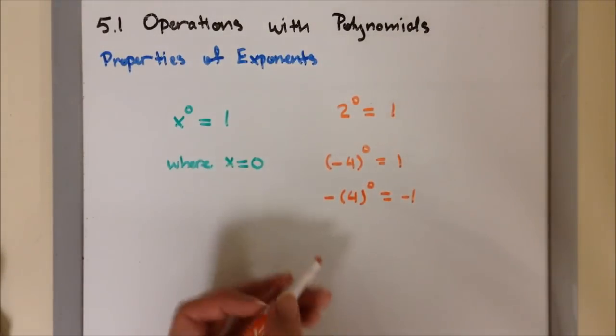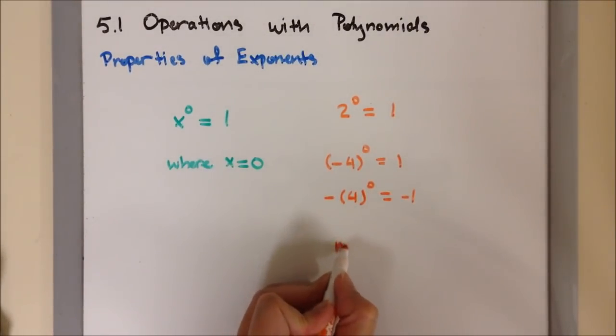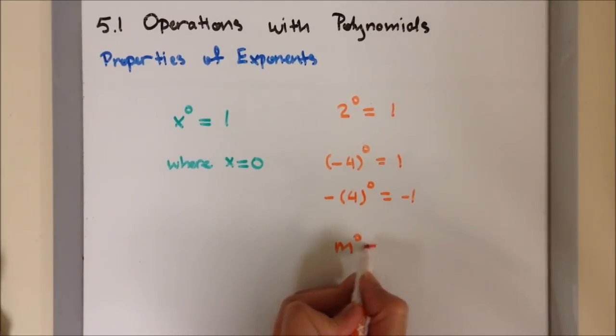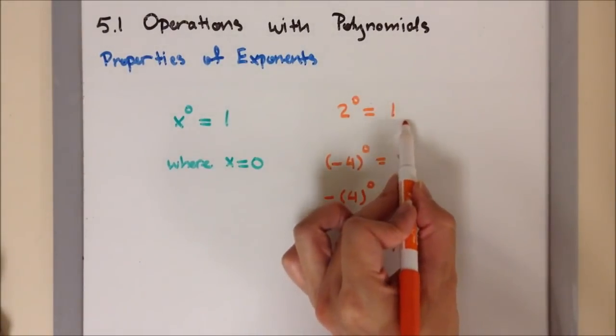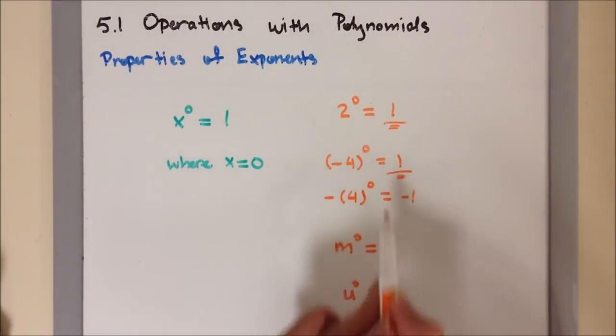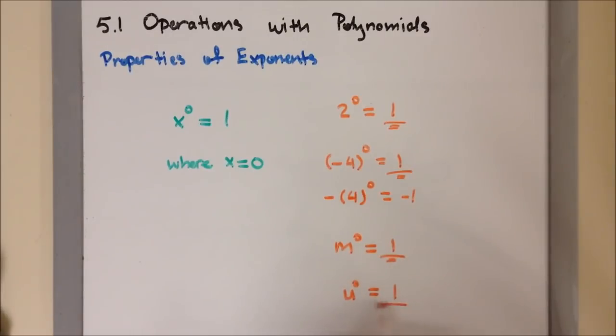Now let's talk about if it had variables. If it was m to the 0 power, then the answer is 1. If it was u to the 0 power, also 1. So you see how all of these equal 1 because they were raised to the 0 power.